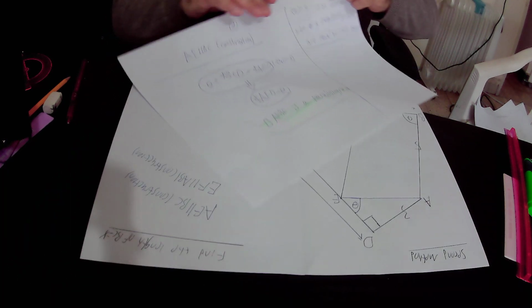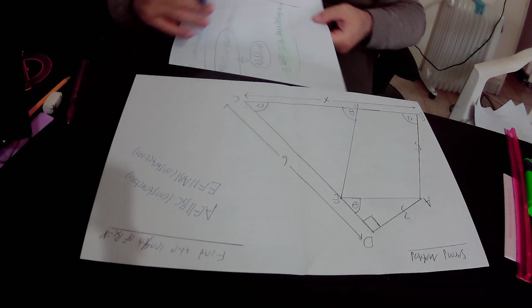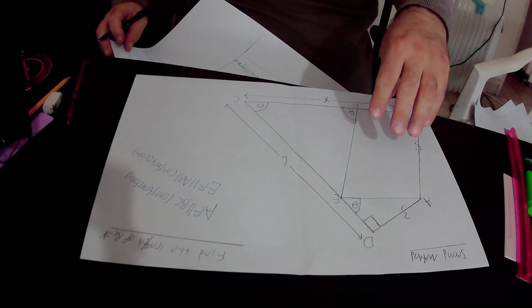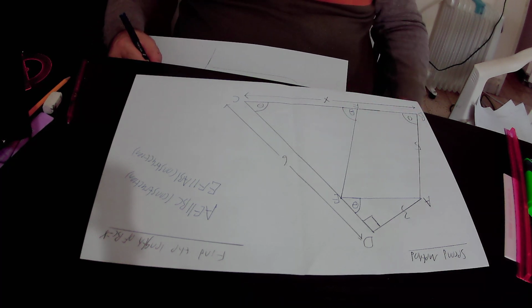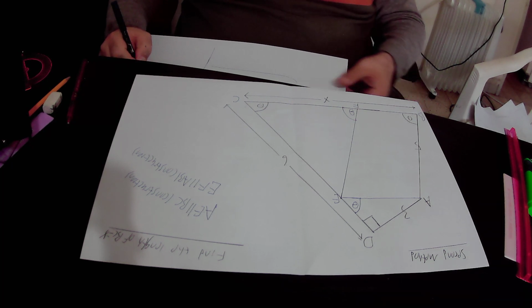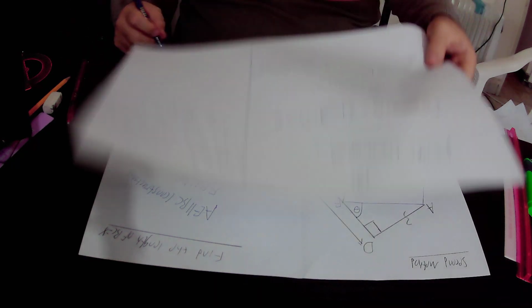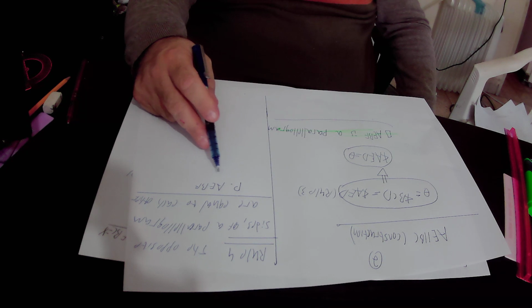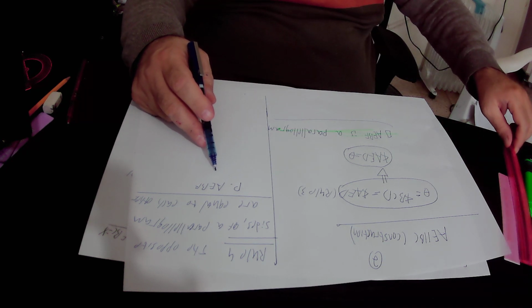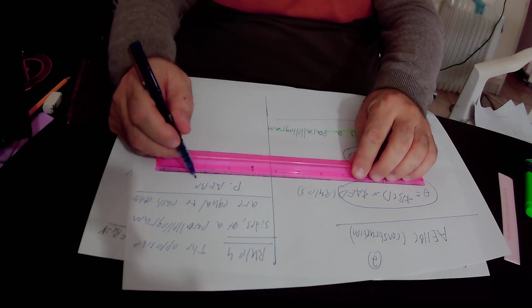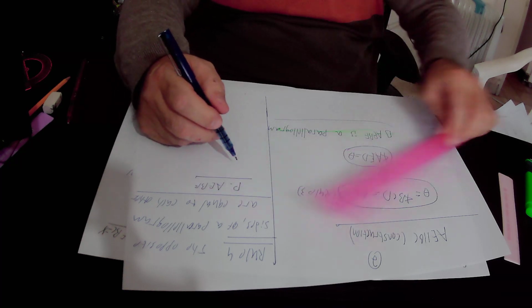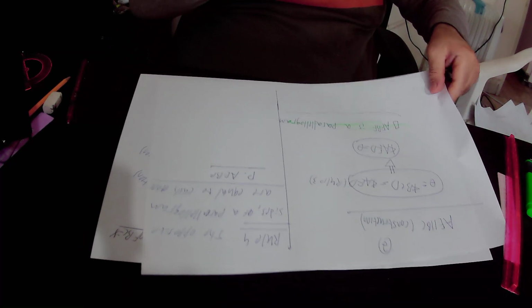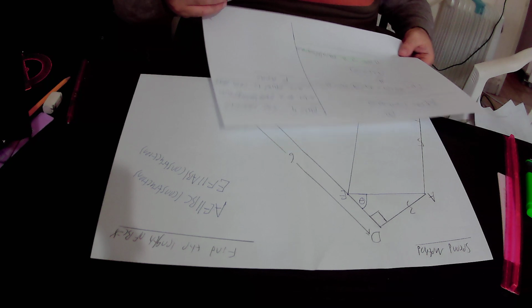So in parallelogram AEBF, here P is the abbreviation for parallelogram, the opposite sides are equal to each other according to rule number 4.